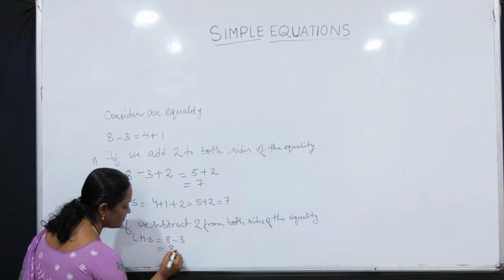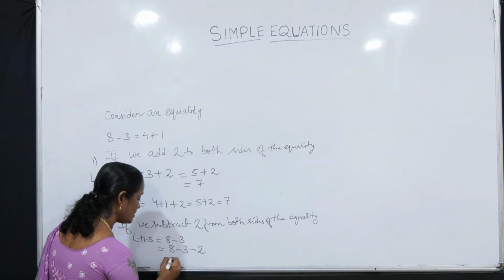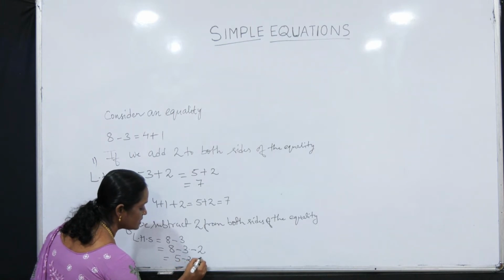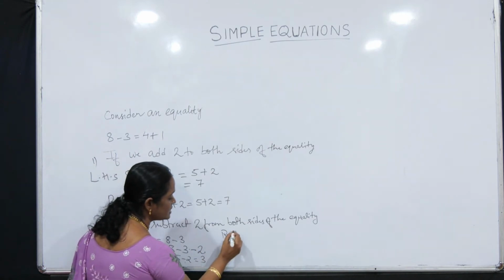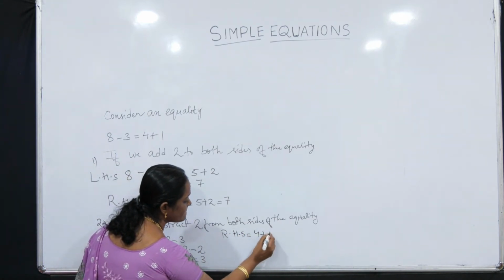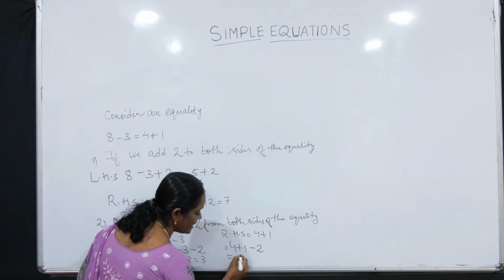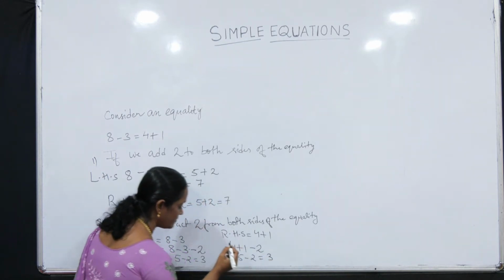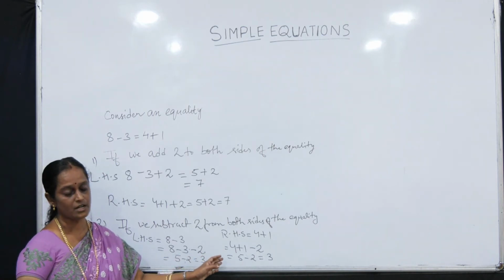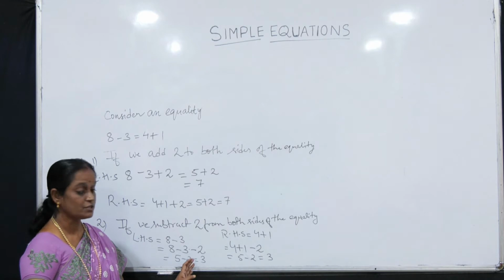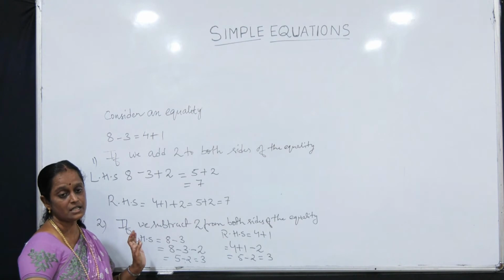If we subtract 2 from the LHS of the equality, it will be 5 minus 2, that is 3. Next, if we subtract 2 from the RHS also, the RHS here is 4 plus 1. 4 plus 1 minus 2 is 5 minus 2, that is 3. So here also students, you can find that the new LHS formed and RHS formed are equal. They are both equal to 3. So if we subtract 2 from both sides of the equality, this equality still holds.